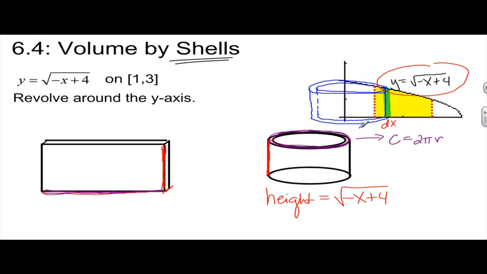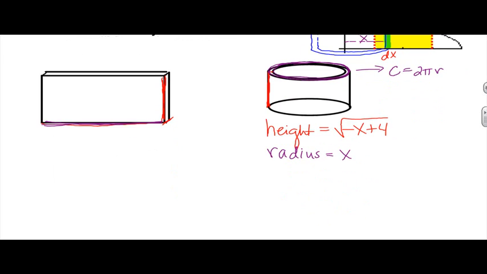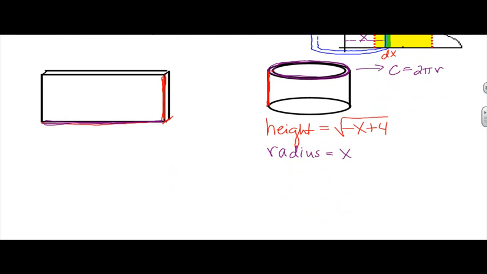So in this case, the radius is going to be x. So the volume of this particular slice can be found by multiplying 2 pi times x times the square root of minus x plus 4, and all of that gets multiplied by delta x, or dx.